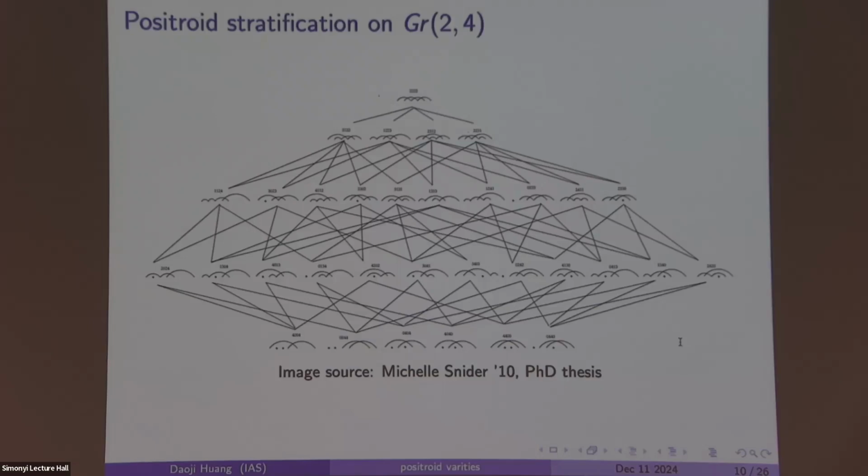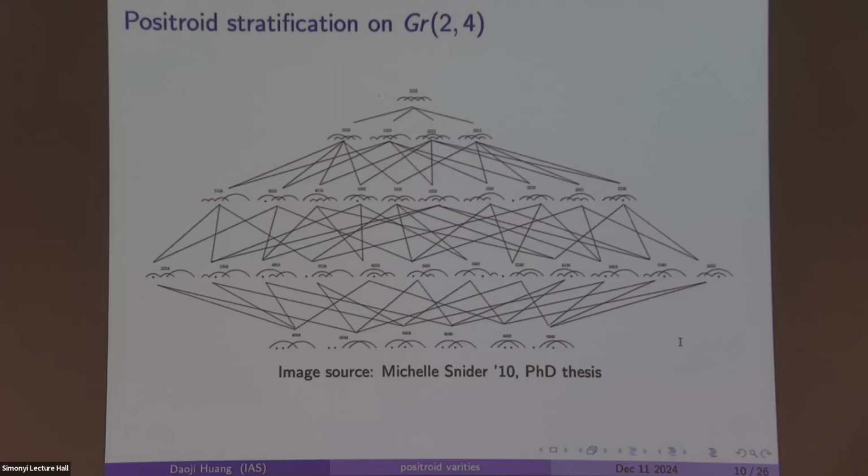This is the basic notion of a Bruhat atlas. This notion was later used by Thomas Lam, Steven Karp, and Pavel Galashin in their study of regularity theorems of the totally non-negative part of Grassmannians. So they use Michelle's idea.